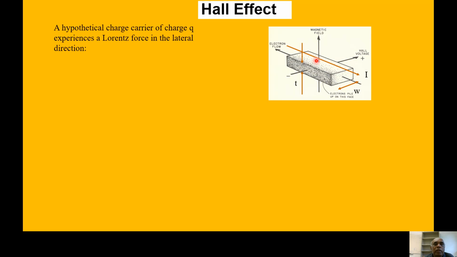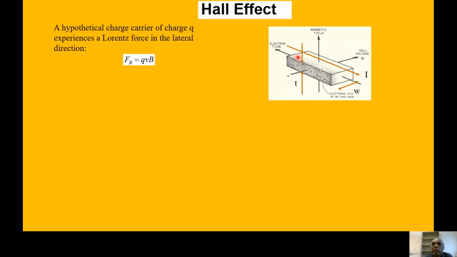So the charge Q will experience a Lorentz force in the lateral direction, that means perpendicular to both B and I, given by Q v cross B. But v and B are perpendicular, so the angle is 90 degrees, and sine 90 is 1. So you get that Lorentz force as QvB.